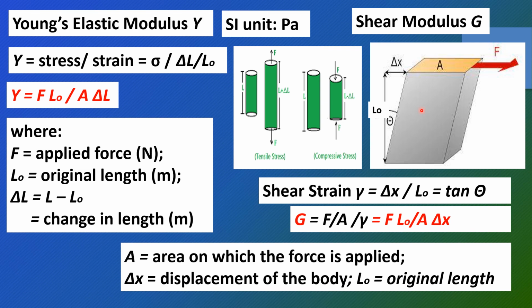When the object has a perfect cube shape, then the L is just equal to one side of the cube, isn't it?